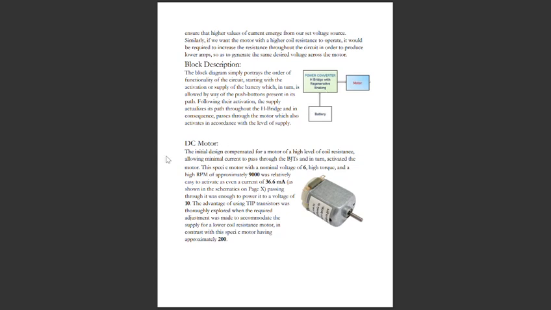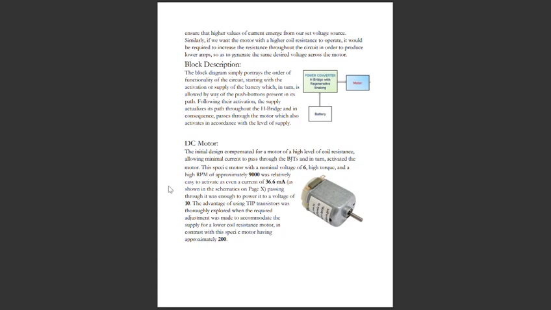DC motor. The original design is comprehensive for a motor of high voltage or requiring resistance, and allows a minimal current to pass through the BJT and in return activate the motor. This specific motor, with a nominated voltage of 6, high torque and a high RPM, rotations per minute, of approximately 9000, was relatively easy to activate, and even a current of 36.6 milliamps passing through it was enough to power it to a voltage of 10.